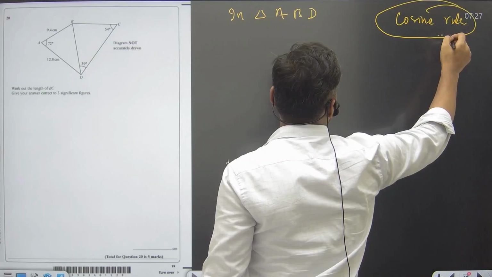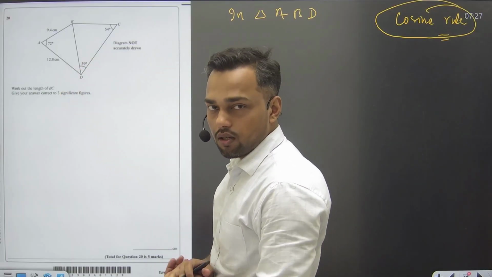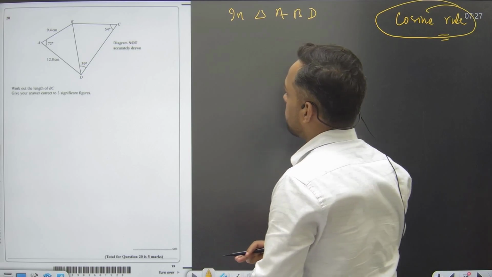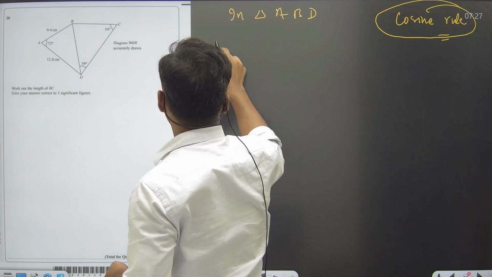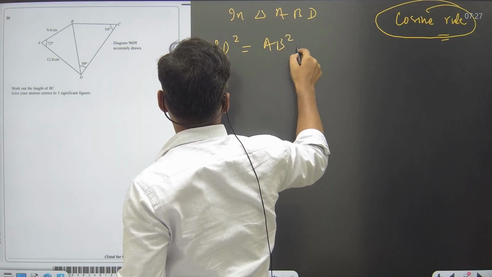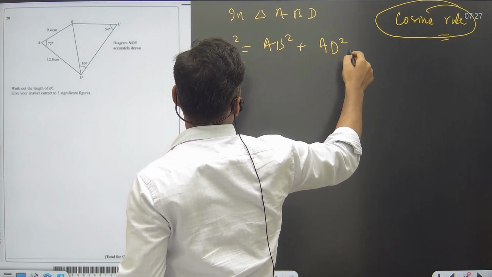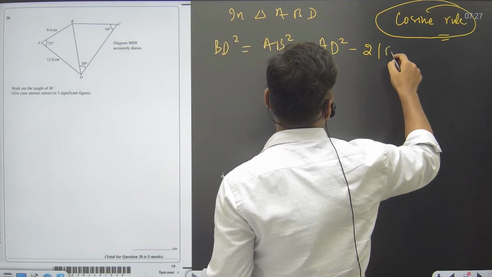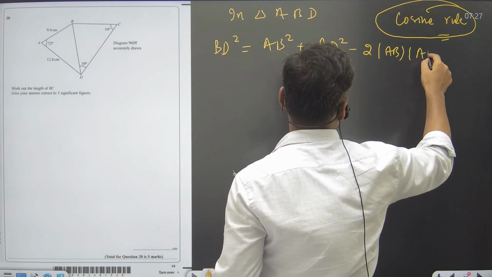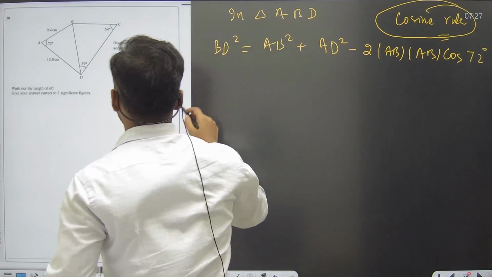If you don't know the formula, you can go to the introductory page of this particular paper and you'll get the formula. So BD square will be equal to AB square plus AD square minus 2 AB AD cos 72 degrees. I am just applying the formula here.